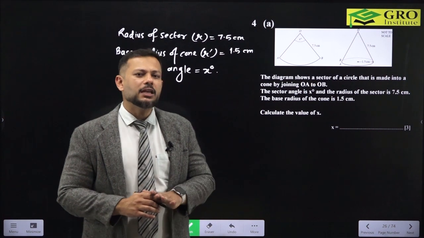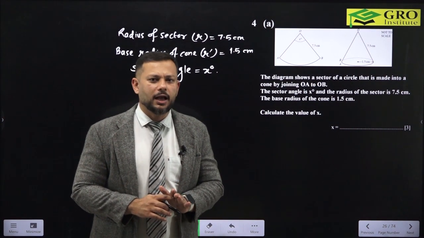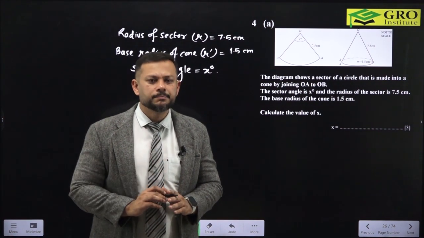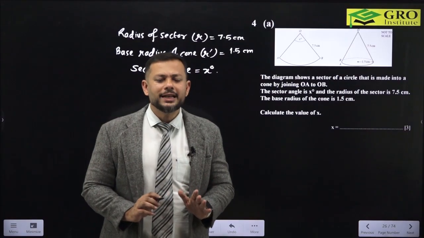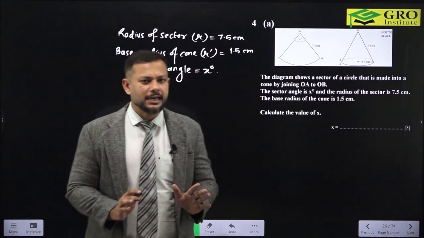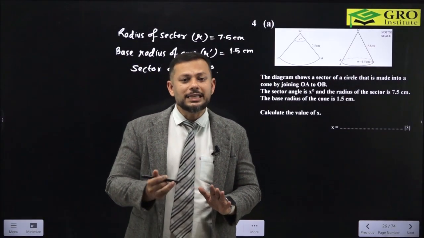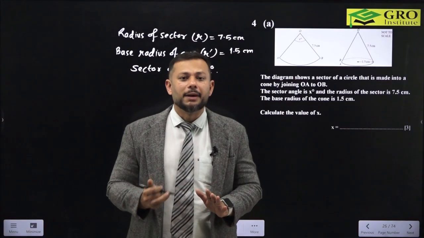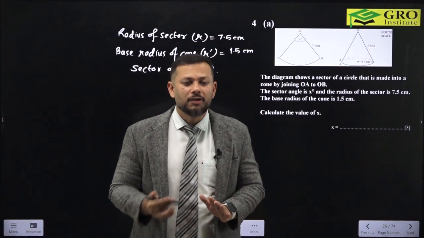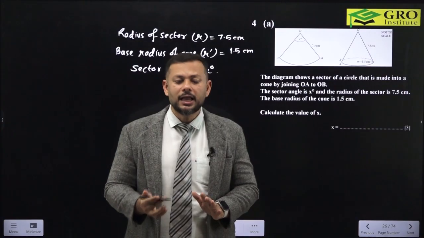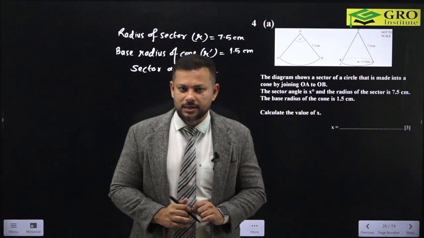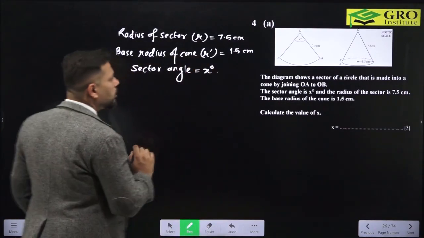Do we have any relation with the sector angle and the length of the arc? Yes, we know that the length of the arc of a sector is equal to theta upon 360 multiplied with 2 pi r, where theta is the sector angle and r is the radius of the sector. That we know. So I'm just going to write it.